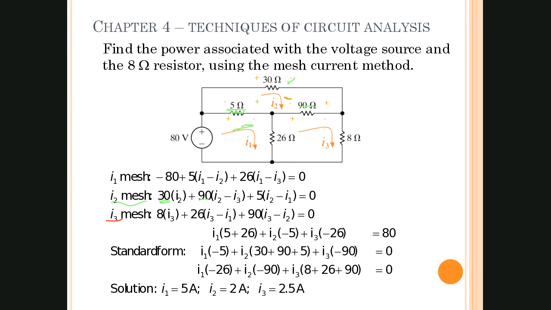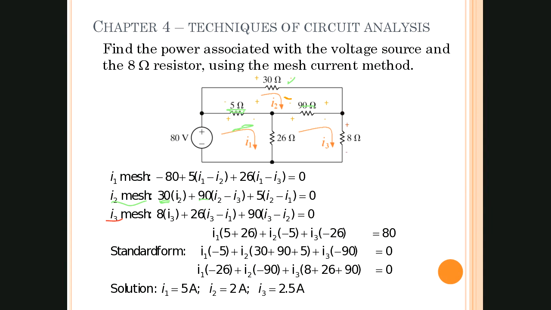So we do have the sign convention here for current going through the 5 ohm, through the 90 ohm, but we don't have it for the 8 and the 26. So let me go ahead and redo those. I3 is going clockwise, so that means we are going from plus to minus here.